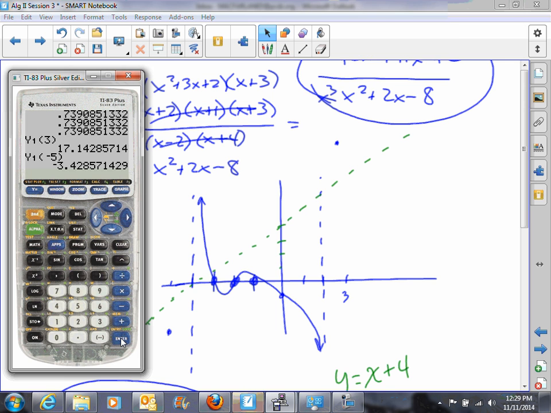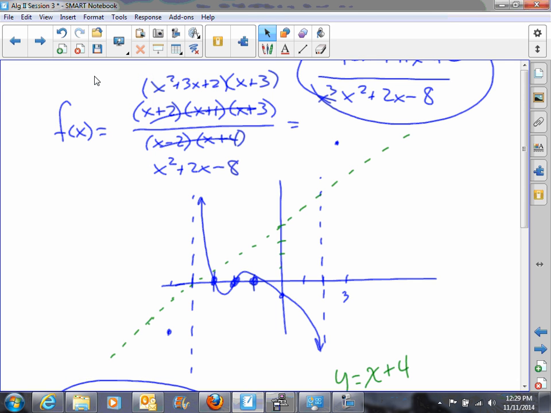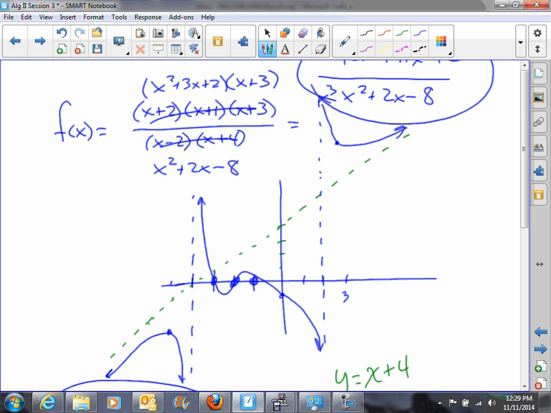Now, that's enough information to know that up here, the graph asymptotes there, comes down, and then turns around and asymptotes with this line. And here we've got one going like this, and then around again like that. So that's what that graph should look like.